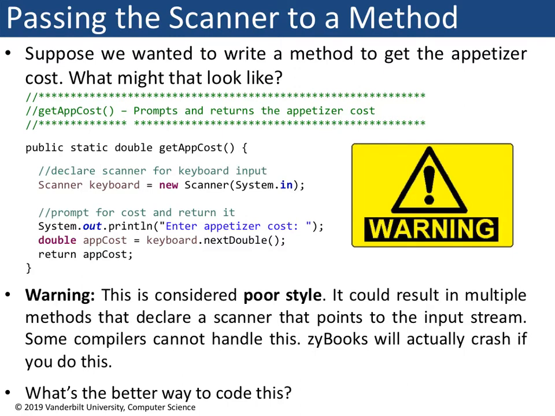So there are some compilers that will not allow you to declare multiple scanners. And an example of this is actually our Zybooks environment. If you declare multiple scanners, the Zybooks compiler will crash. So don't do this. Don't declare a scanner inside of a method. Always declare scanners in the main.